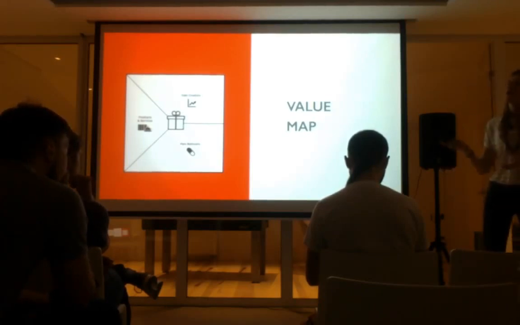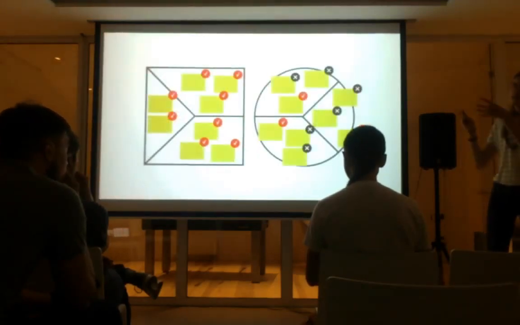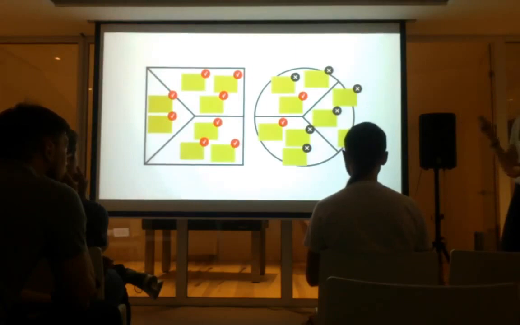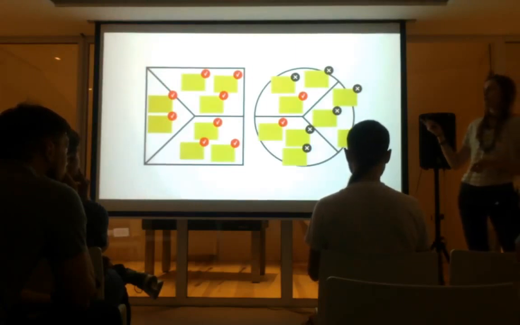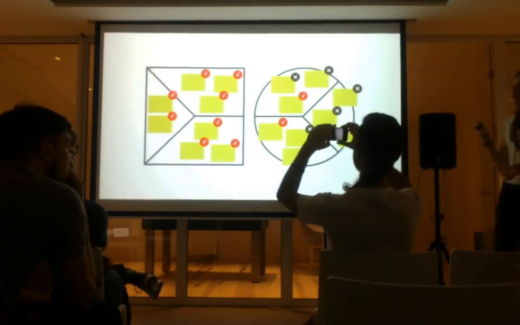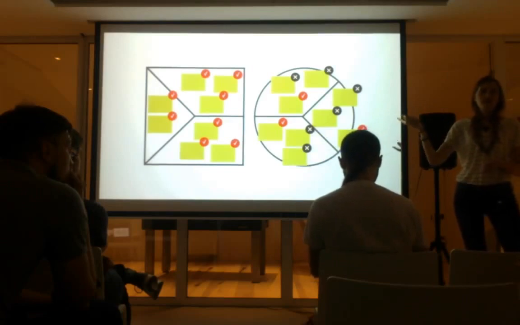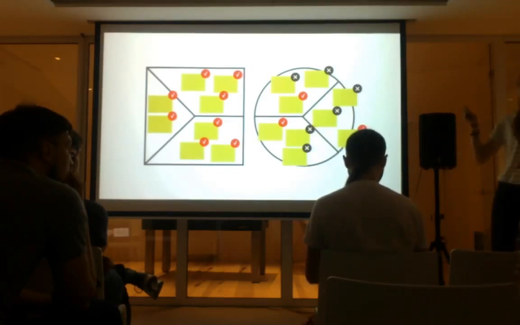We have a value map on the other side. And then you fit these together, and you see what pains or jobs are left uncovered. Or, on the other hand, you can see what features were left that this user group does not need at all.